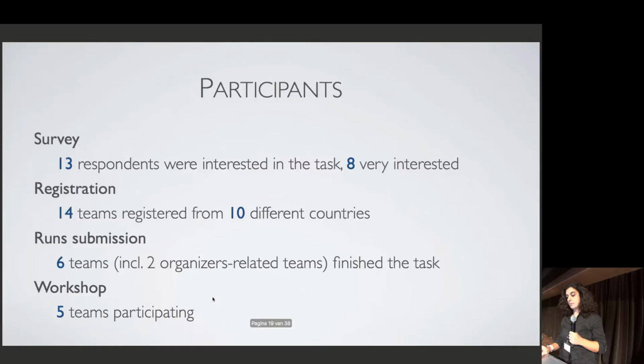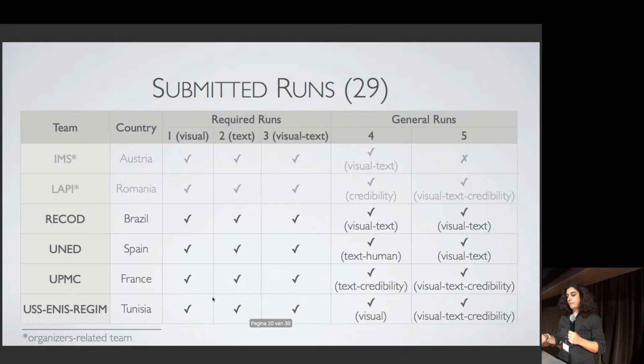Okay, the most important information for 2016. We have altogether 14 teams originally registered for the task. 6 teams completed the task, and 5 will be presenting at the workshop. We got altogether 29 runs, which means the required runs covering different modalities.